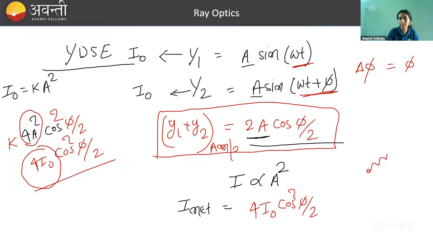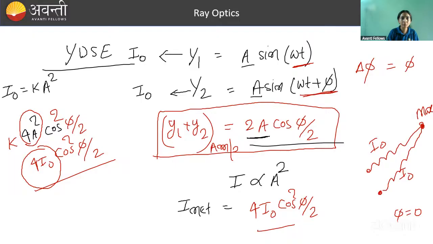I naught is the intensity of first wave, and again I naught is also the intensity of second wave. So if two waves have an intensity of I naught and I naught, then for maximum interference, that is constructive interference, that is when phi is 0, how much intensity we get? 4I naught. And depending on different phase differences, we will be getting different value of intensity.